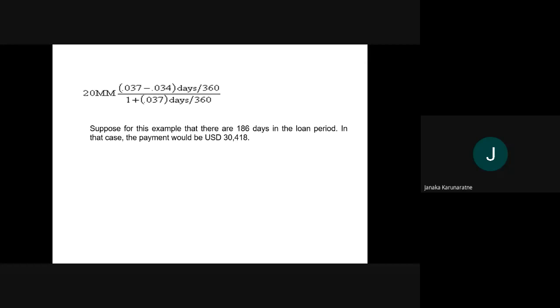If there are 186 days during this loan period, the payment would be US dollar 30,418.